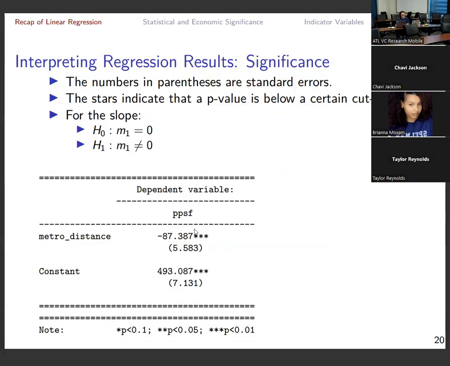Now, when I look at this minus 87, that says that for every mile further away from the metro stop, the price per square foot drops by almost $90. We know that it's statistically significant. Is it economically significant?